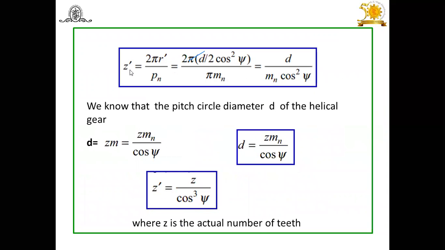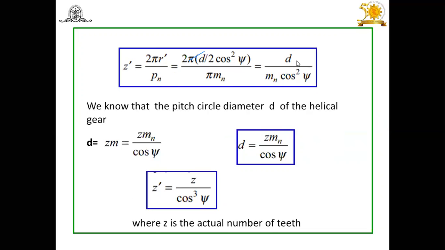So we know very well Z dash is equal to 2 pi r dash by Pn. Again here, r dash is d by 2 cos squared psi. You can substitute the value of r dash here, and Pn is the normal pitch, which is equal to pi mn. mn is the normal module. You know very well all the nomenclature.